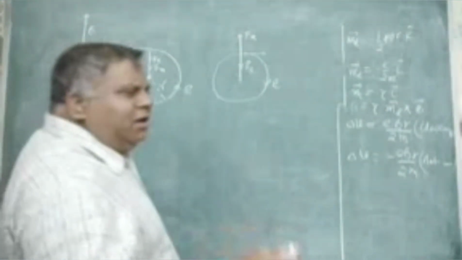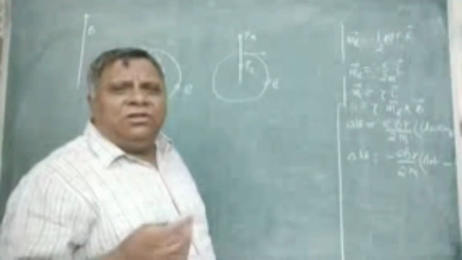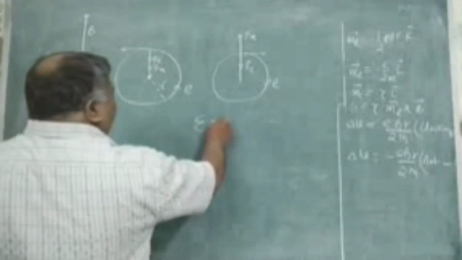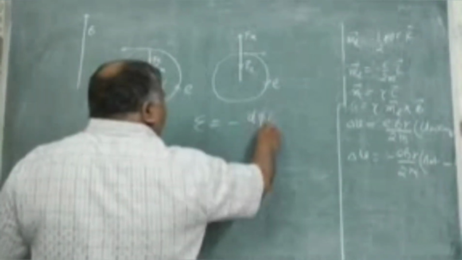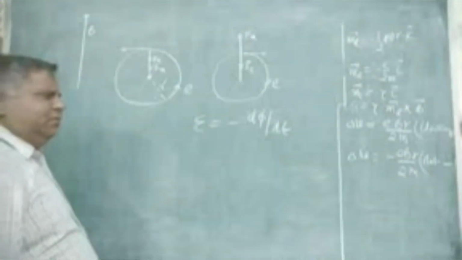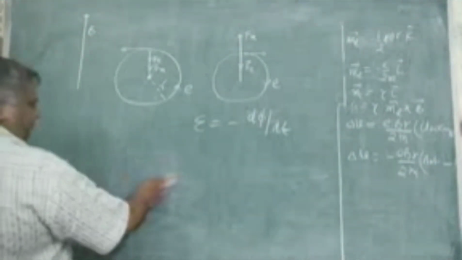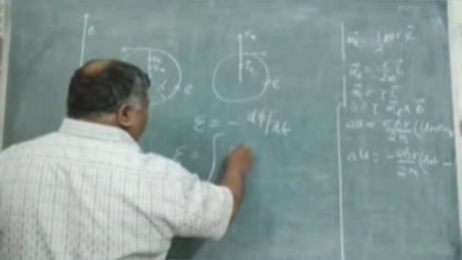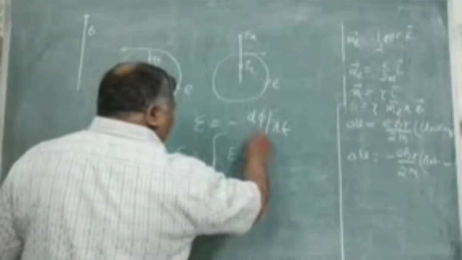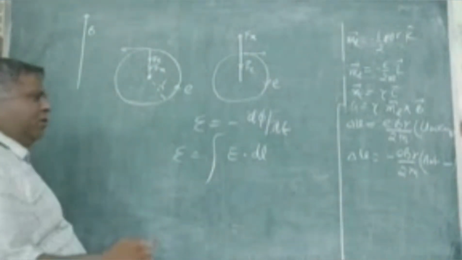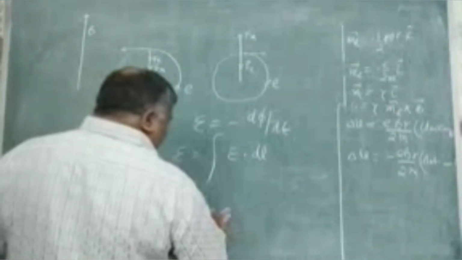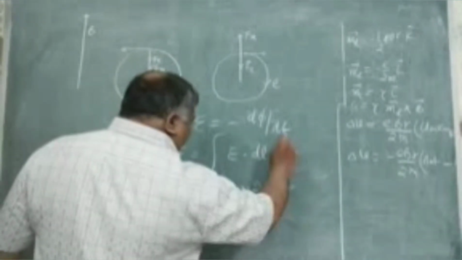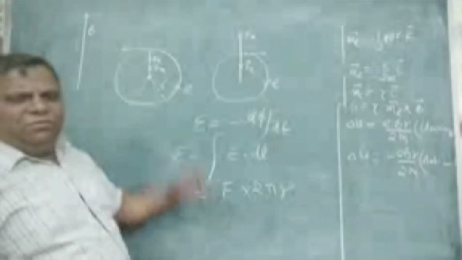Suppose initially magnetic field B is 0, we switch on the magnetic field, so we have a change in flux, so EMF is minus d phi over dt, induced EMF. This induced EMF is the line integral over this loop of electric field, which is equal to E into 2 pi r, where r is the radius of this loop.